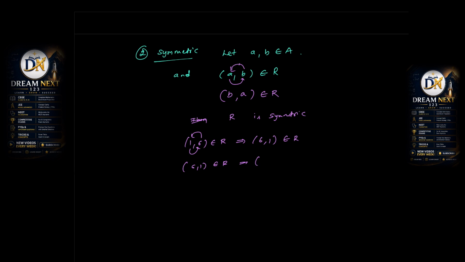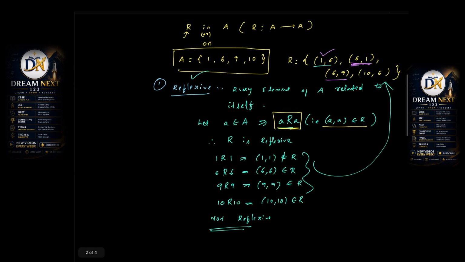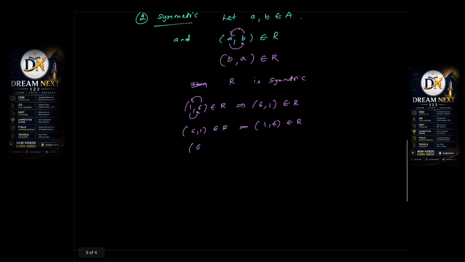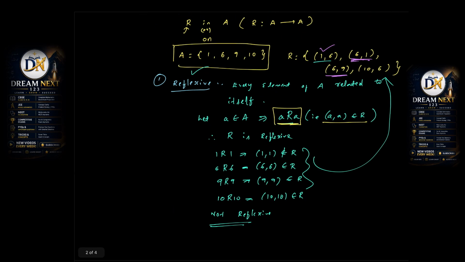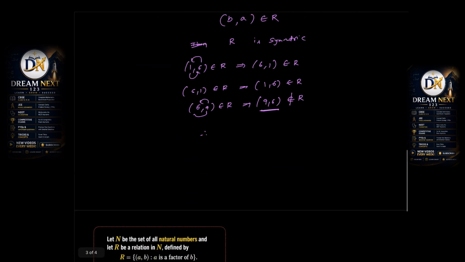If I interchange the positions, (1, 6) also belongs to the relation. And (6, 9) belongs to the relation. If I interchange the positions, I get (9, 6), but this element does not belong to the relation. Is (9, 6) there? No, it is not there. Therefore R is not symmetric.